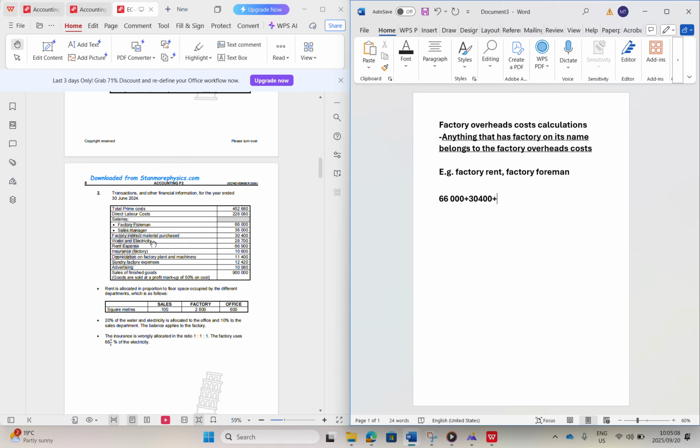For rent and electricity, we don't have factory, but they are telling us that rent, we have factory here, means it also belongs to the factory. Also for water and electricity, so let's leave these three first. We'll do calculations after. Then we have sundry factory expenses. It has factory, we add it, 12,420.